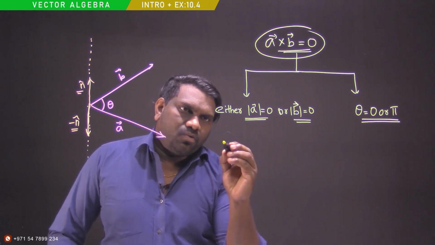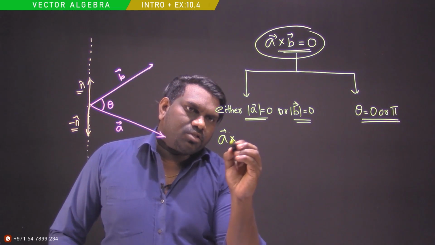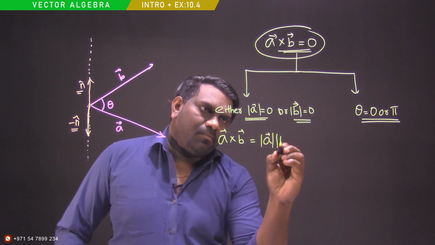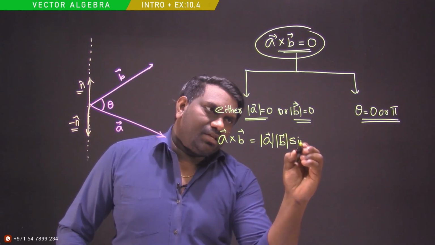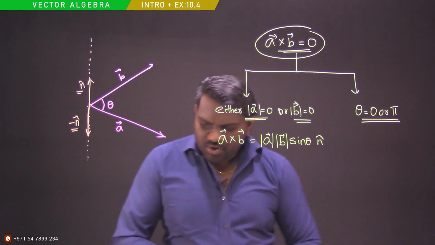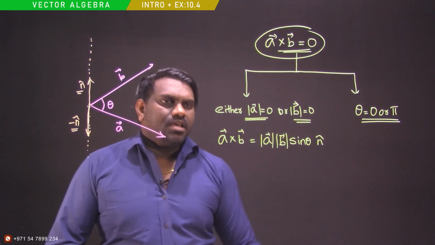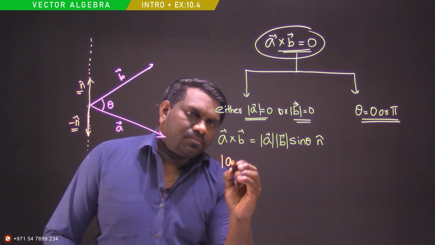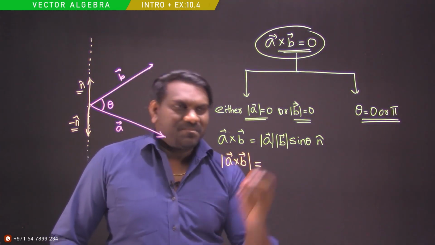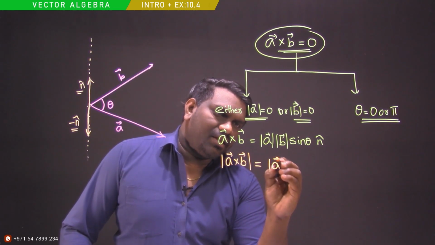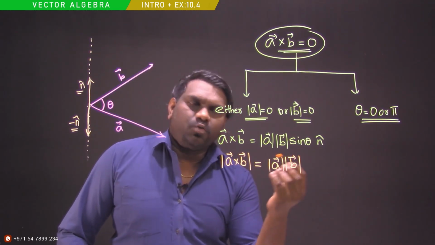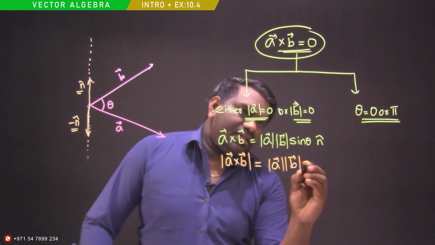Now as you know that A cross B is equal to mod A mod B sin theta n cap, right. So if it is so dear, then what is modulus of A cross B? എന്താണ് നമുക്ക് കിട്ടുക? Modulus of A cross B, this is again a magnitude value, so we don't need to worry much. നമ്മുടെ sin theta എന്താണ്?